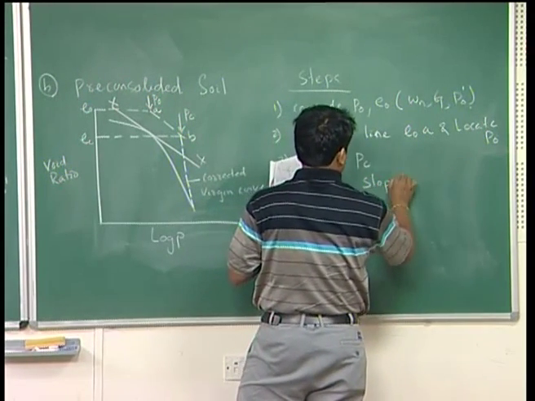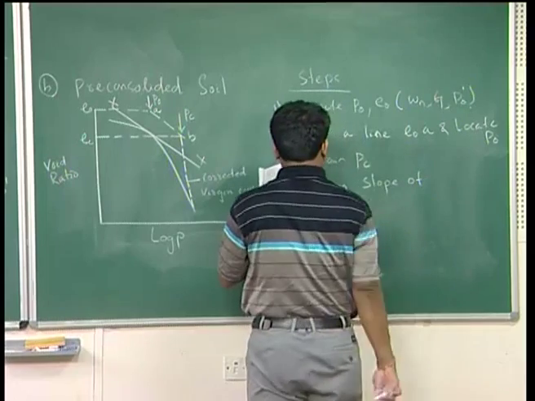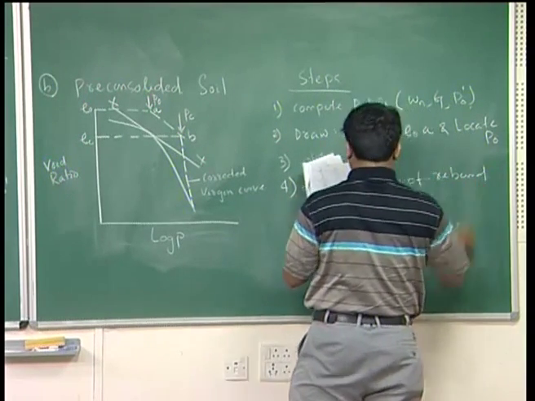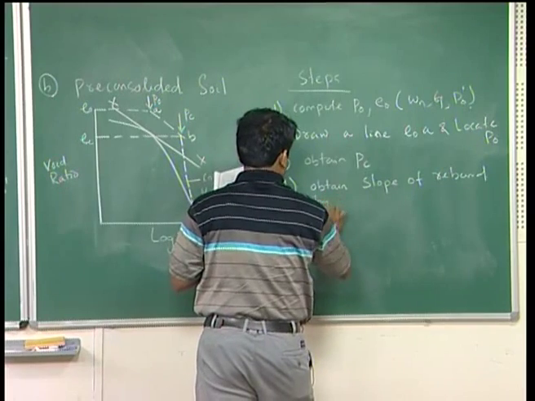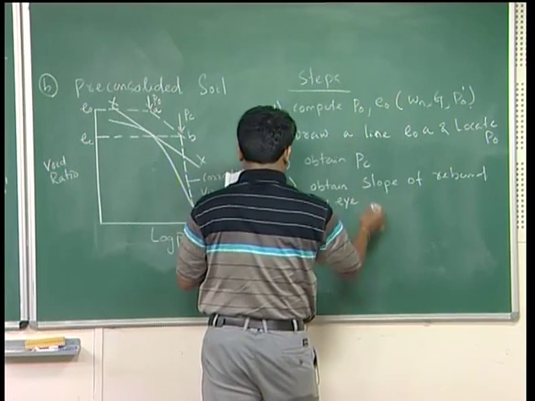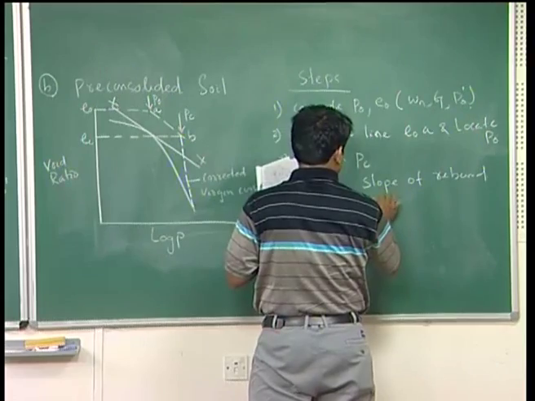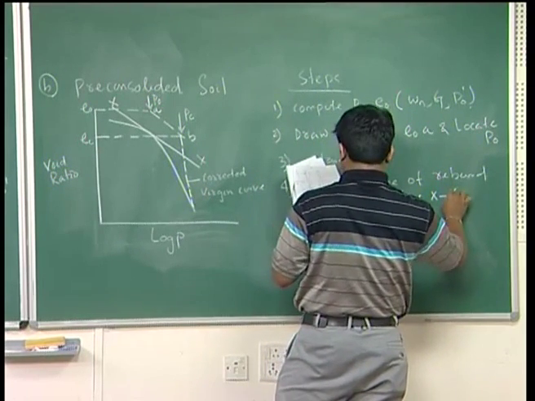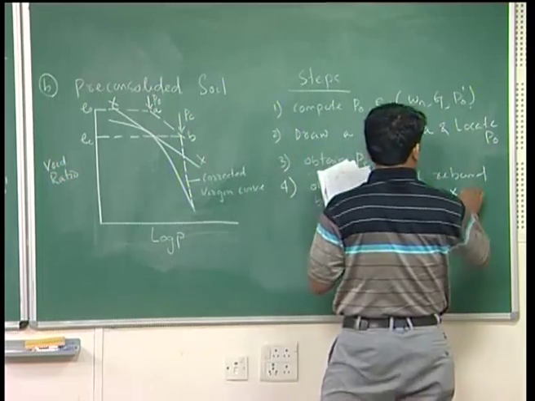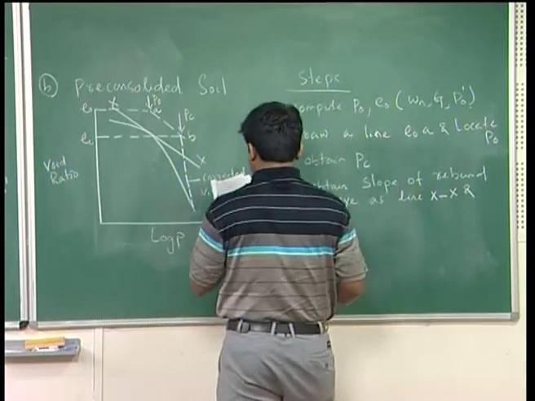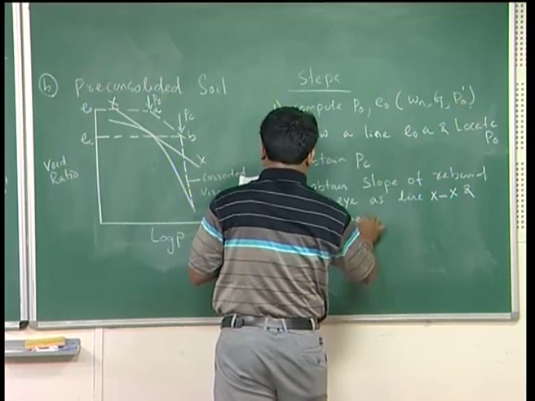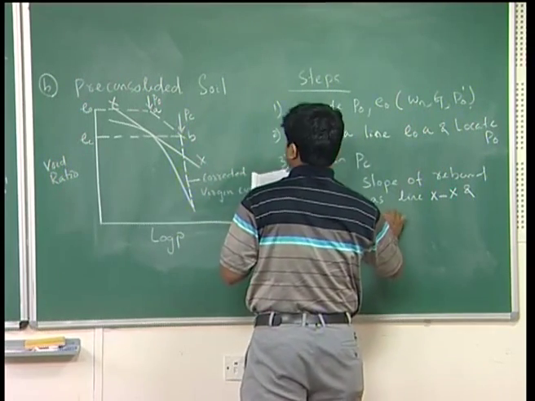Obtain the slope of rebound by I as line xx, slope CR.